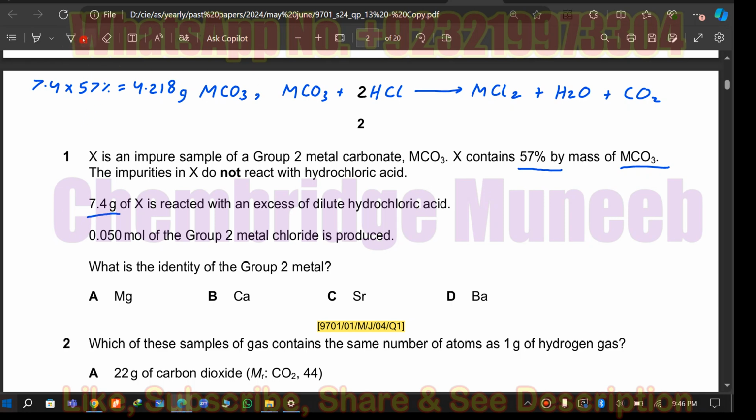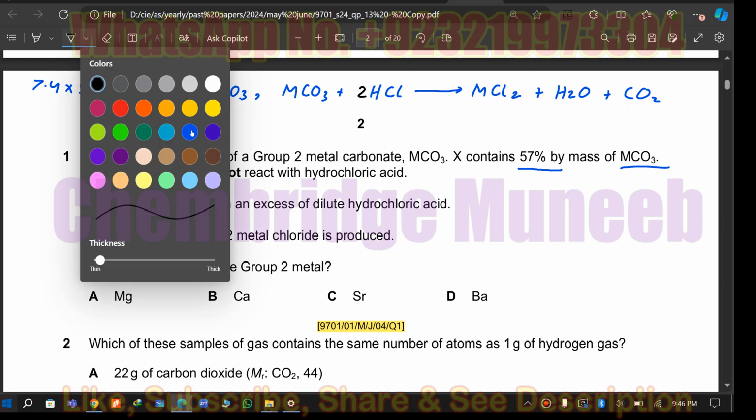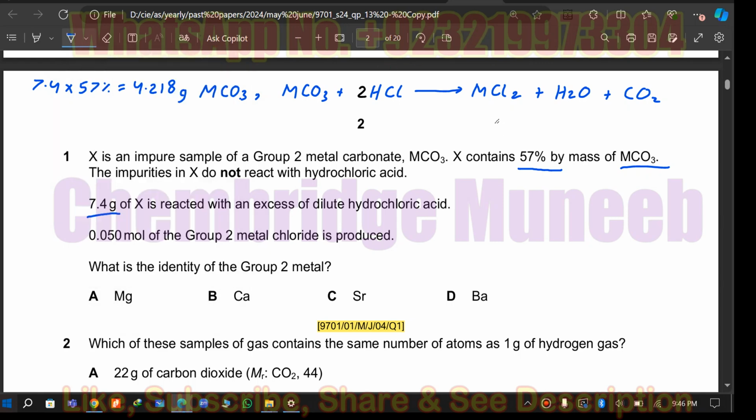Now after that, I can state some data which is provided to us. We are given 4.218 gram, which is basically the 57% of the actual compound, and then we were given 0.05 mole of the metal chloride.